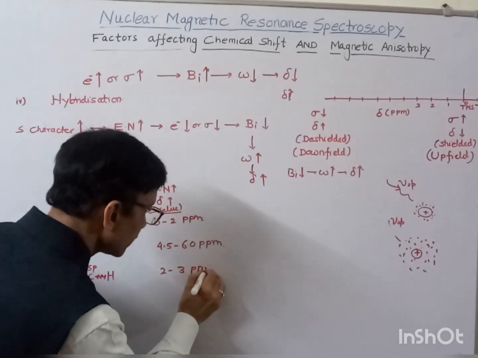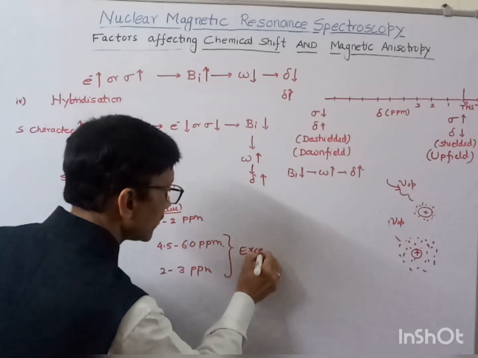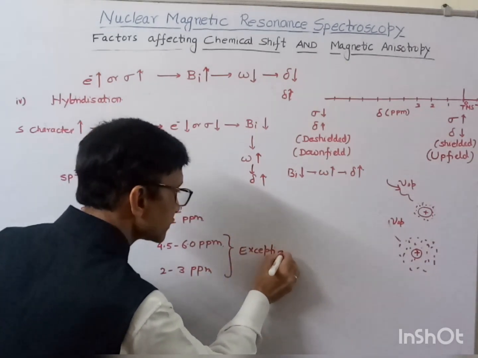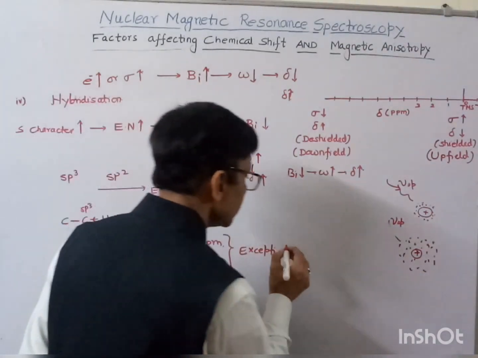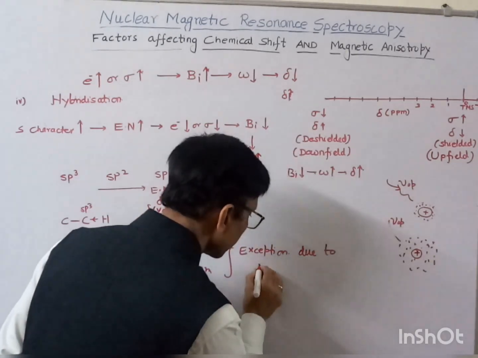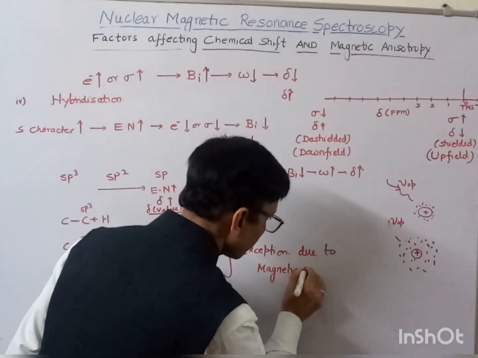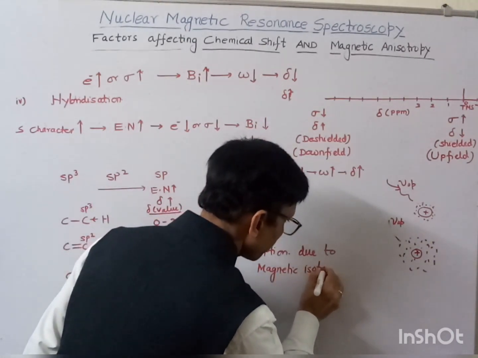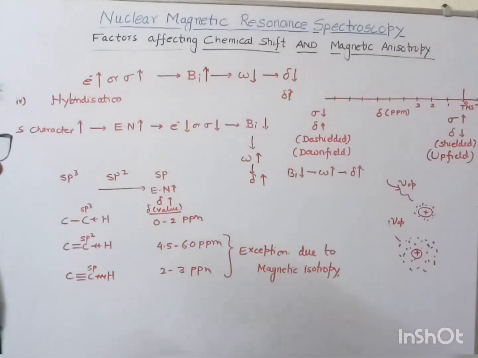So here we have an exception, and the reason for this exception is magnetic anisotropy. This difference is due to magnetic anisotropy.